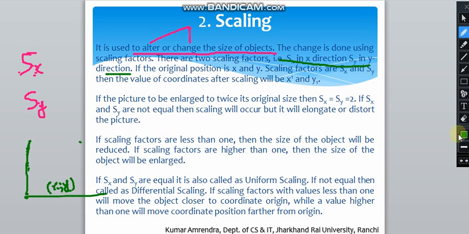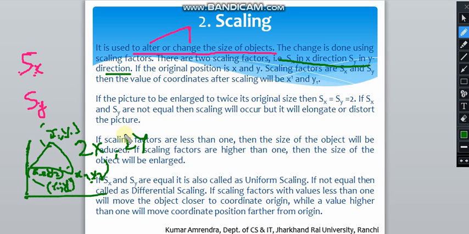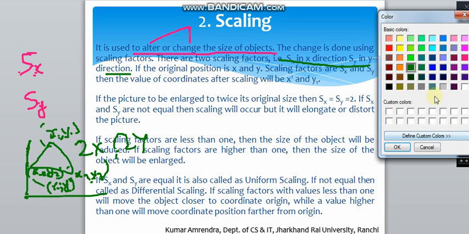Let's see that we have this object, a triangle with points x1 comma y1, x2 comma y2, and x3 comma y3. These are the 3 points, and we have to enlarge it 2 times in x and 2 times in y, that is 2x and 2y. We have to enlarge the object.